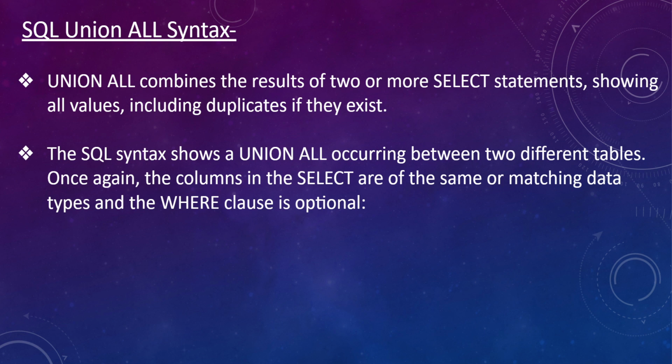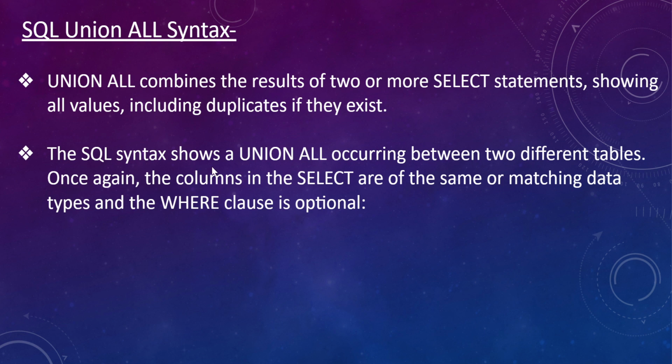However, if there are duplicate records in the tables, then if you use union, you will not get duplicate records. But if you use union all, they will be repeated as many times as they exist in these two tables. So it shows all the values.